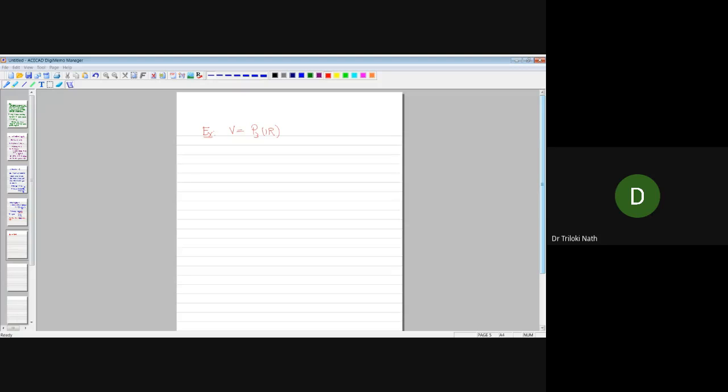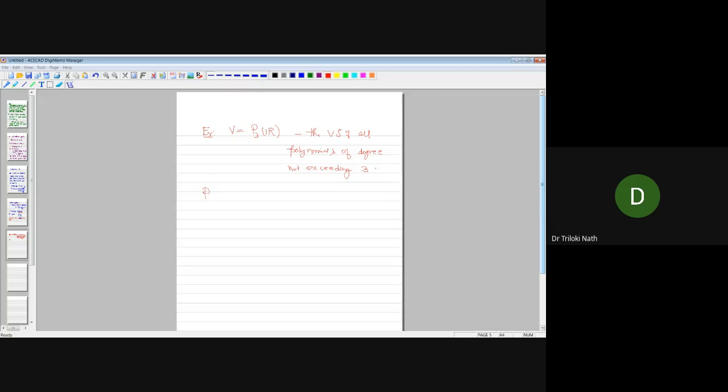So this is nothing but the vector space of all polynomials of degree not exceeding 3. That means less than or equal to 3.